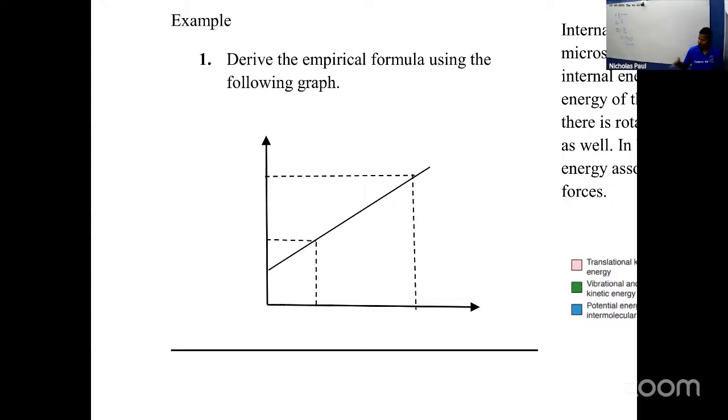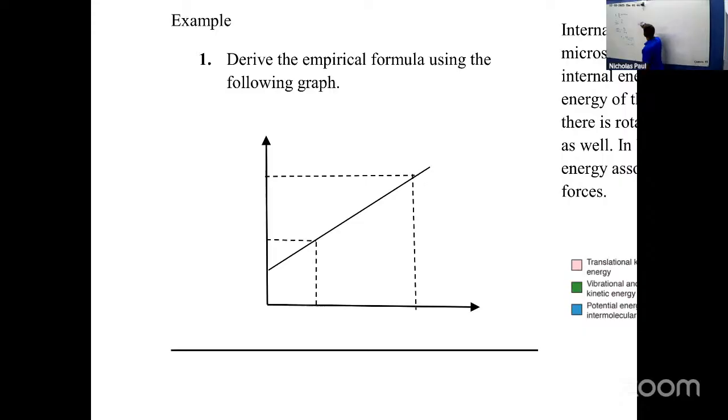I left out the value because I wanted you to figure it out. But we could use this graph to help come up with the empirical formula. The empirical formula is used to find temperature in degrees Celsius. The absolute formula, or the thermodynamic, is used to find temperature in Kelvin.